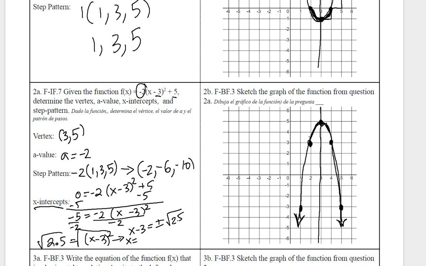So x is equal to 3 plus the square root of 2.5 and 3 minus the square root of 2.5, which gives me x-intercepts of those values: 0, comma, 3 plus root 2.5 and 0, comma, 3 minus root 2.5.